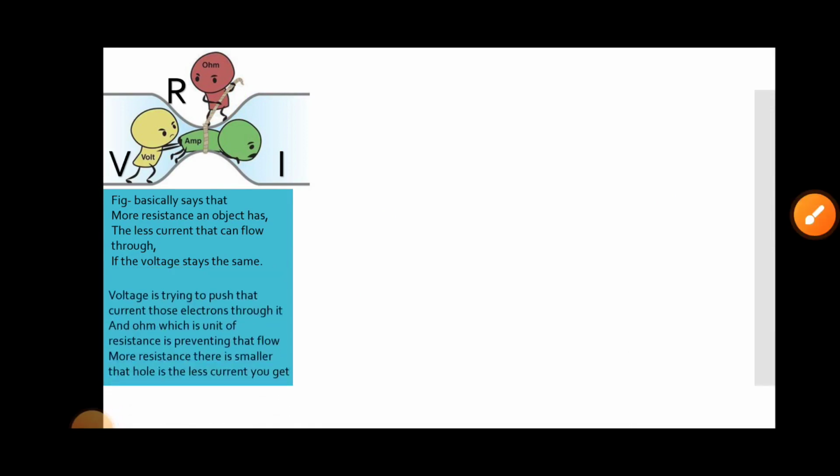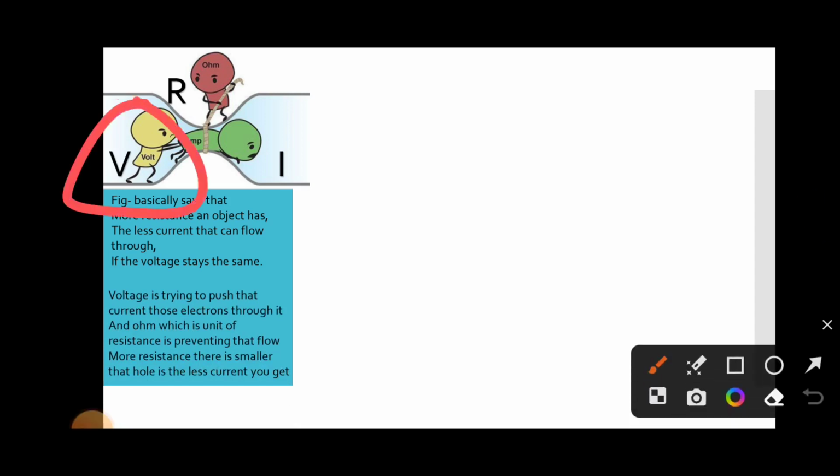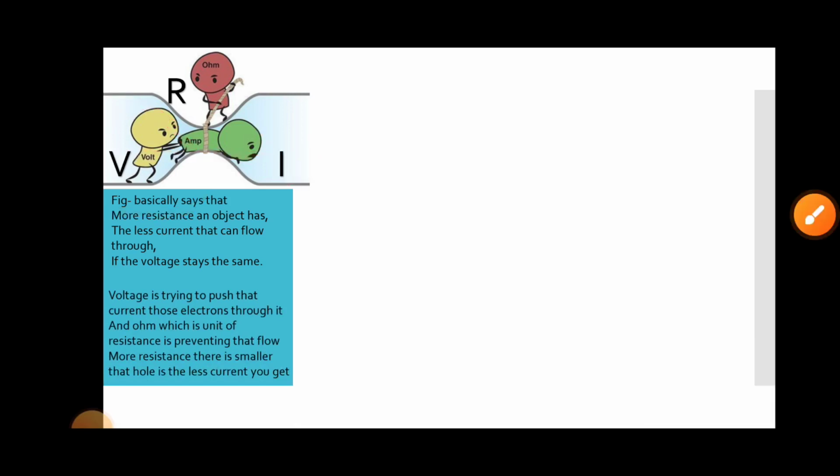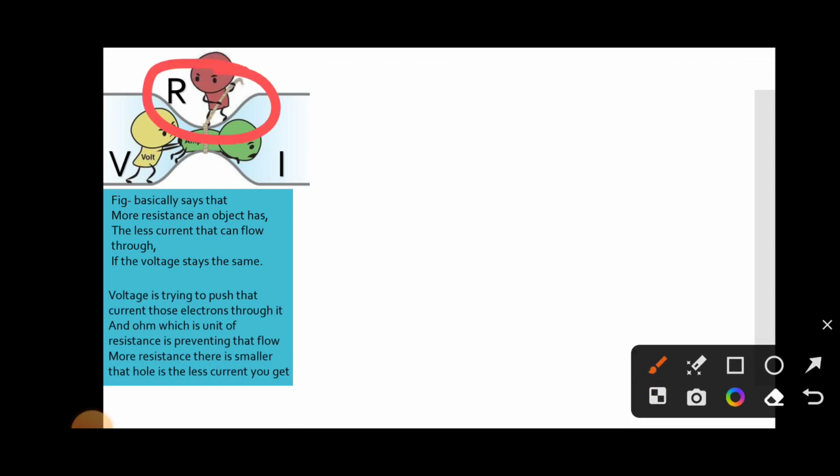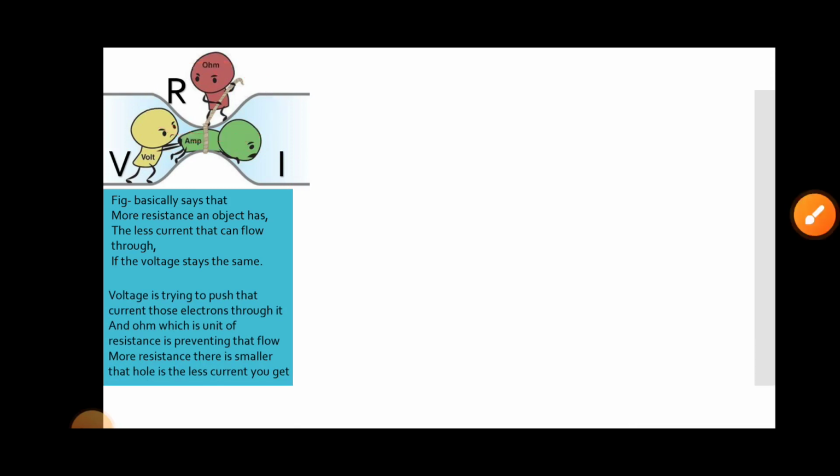Here the voltage is trying to push the current, those electrons, through it, and the ohm, which is the unit of resistance, is preventing that flow. The more resistance there is, the smaller the hole is, and the less current you get.